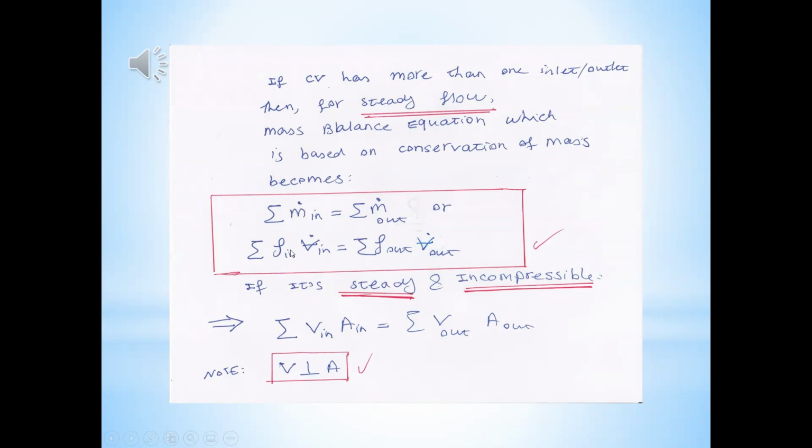And if you add incompressible in addition to steady, it means density is constant. So rho at the inlet is equal to rho at the outlet, and you can cancel out rho. So the summation of all the volume flow rates in balances the summation of all the volume flow rates out. And volume flow rate is VA. So it's V in A in equals V out A out, right?